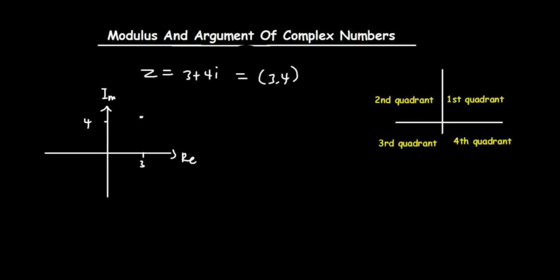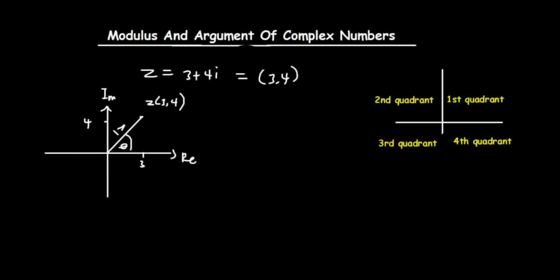Now let's draw the line from the origin to the plot, so you have z here to be 3 and 4. Now let's calculate the angle it makes with the positive x axis, and then the modulus. This angle is the argument, and the modulus is this distance from the origin to the point of plot.